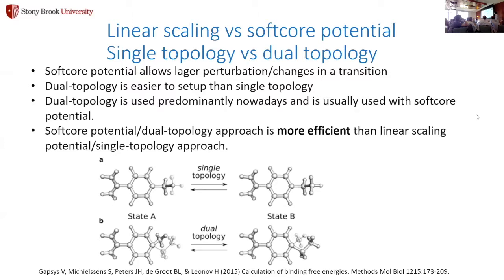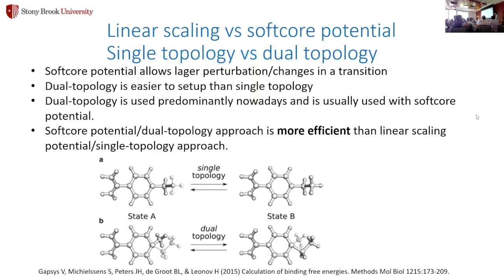So back to why I'm using linear scaling single topology versus soft core potential dual topology. We know soft core potential allows larger perturbations in a transition, so it's by all means superior to linear scaling.